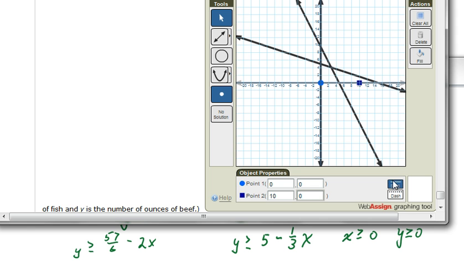I'm going to hit the solid line, and it got undefined again.